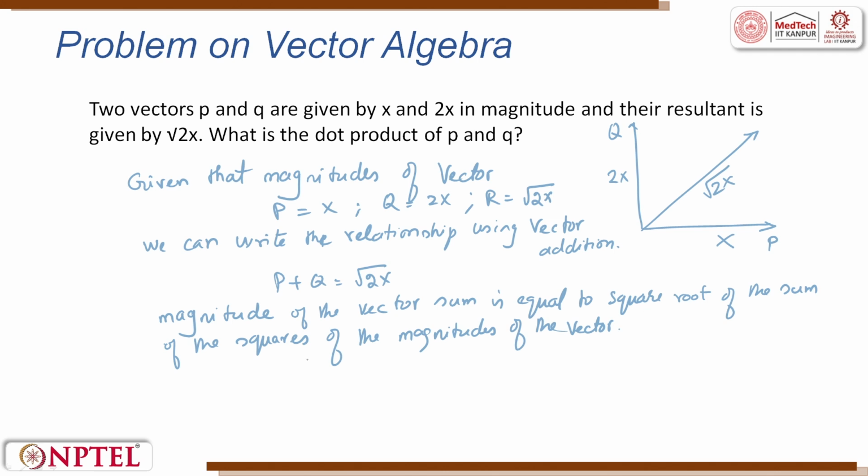So, that is nothing but p square plus q square plus 2 p q cos theta equal to root 2x the whole square.